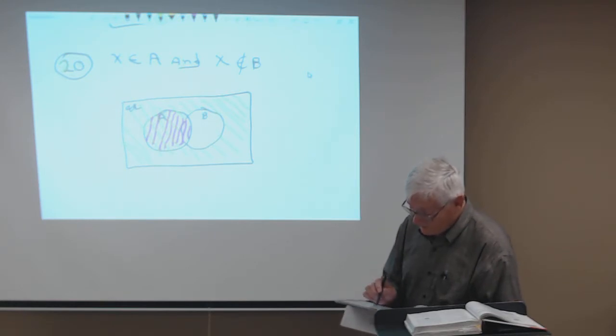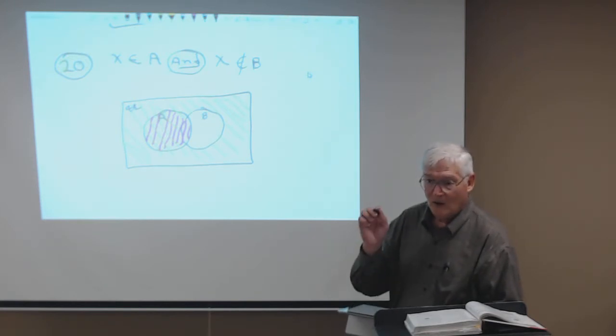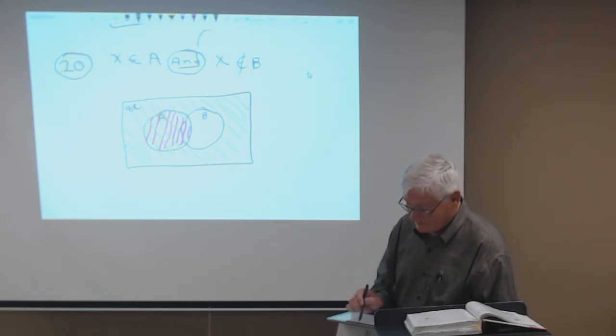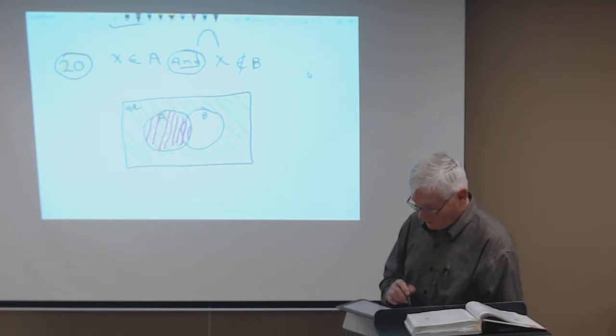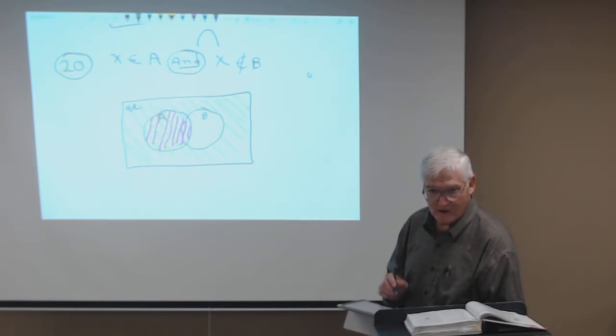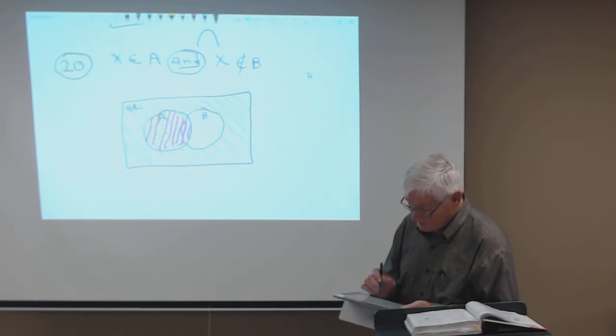Now I'm looking for and. What is and? Or was union, and is intersection. Where do the red and the green lines intersect? In A. Is that blue?